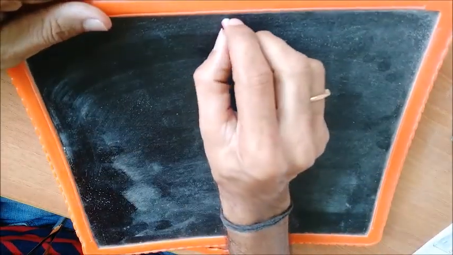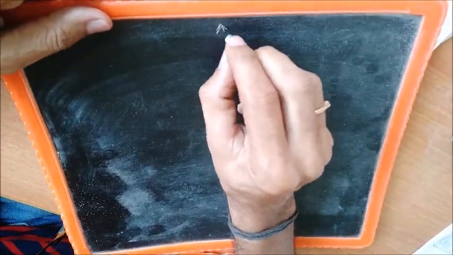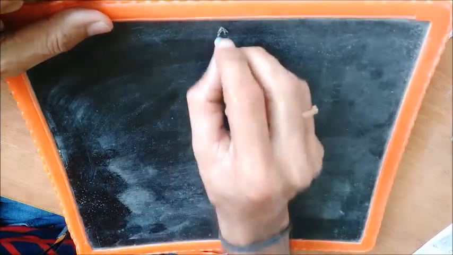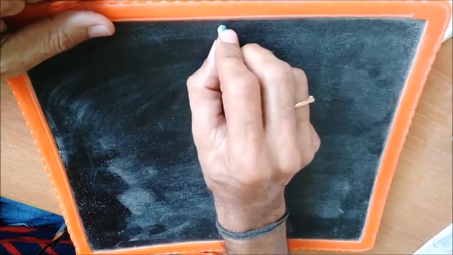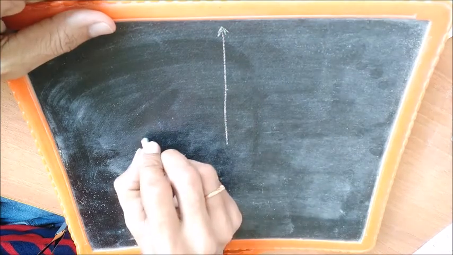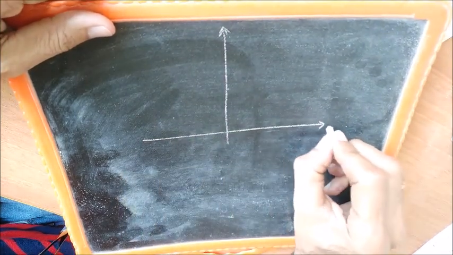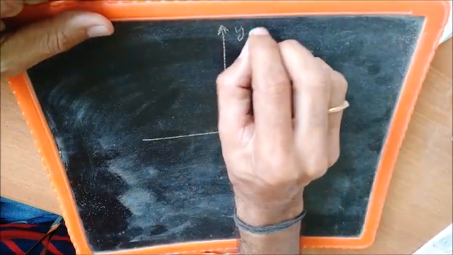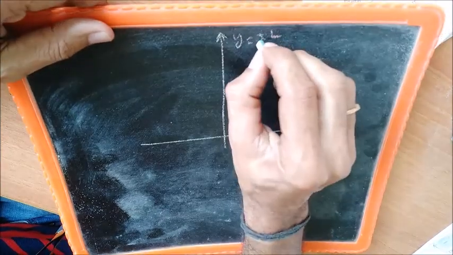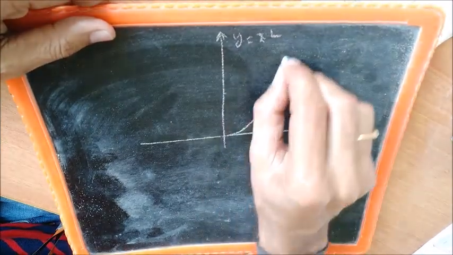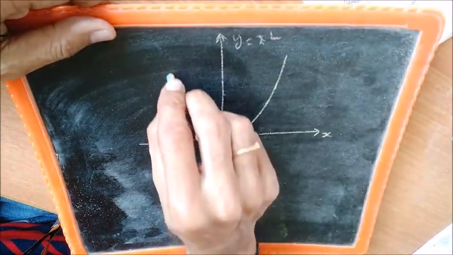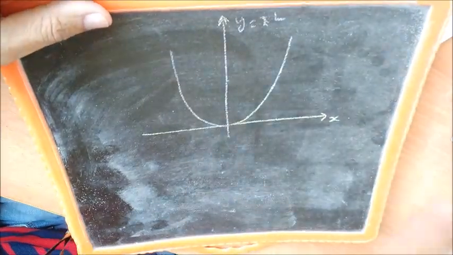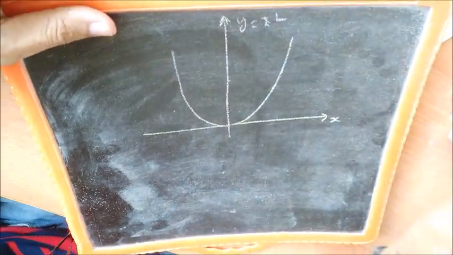So what we do is, in this case, since we know there is a general method also, which I will not discuss now because we will be digressing. This is y equal to x square, and you know how this variation looks like. Now we want to know the probability density function of y.